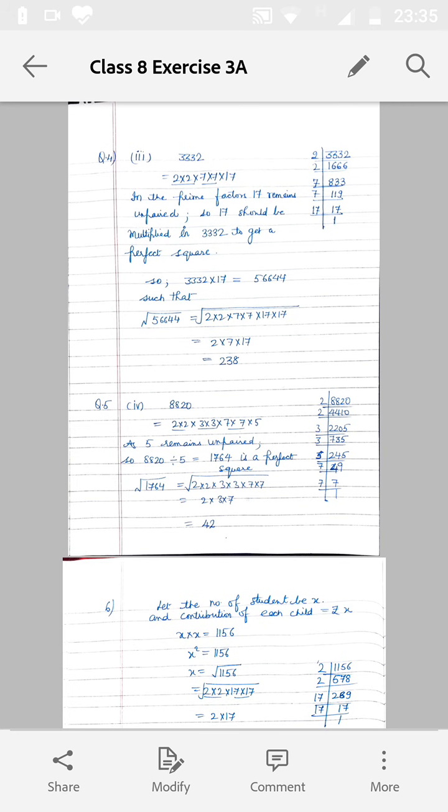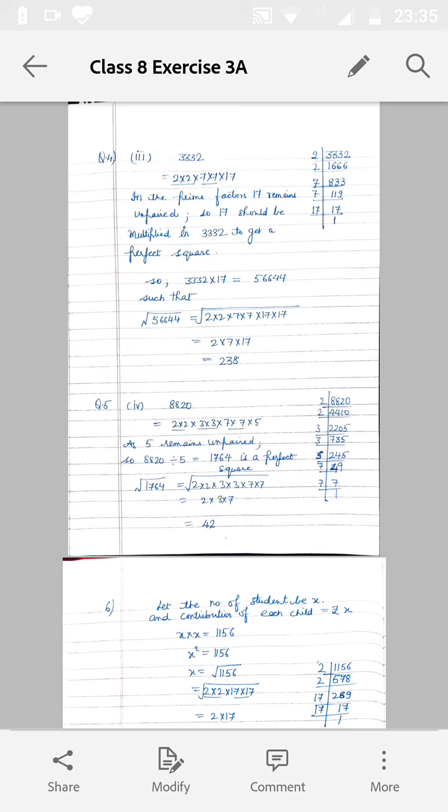In question number 4, the question demands that I find a number to be multiplied to 3332 so that the new number will be a perfect square, as well as find its square root. So the first step is to find the prime factors of 3332.